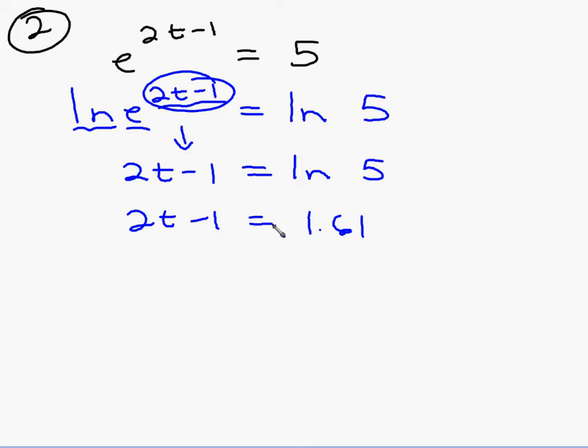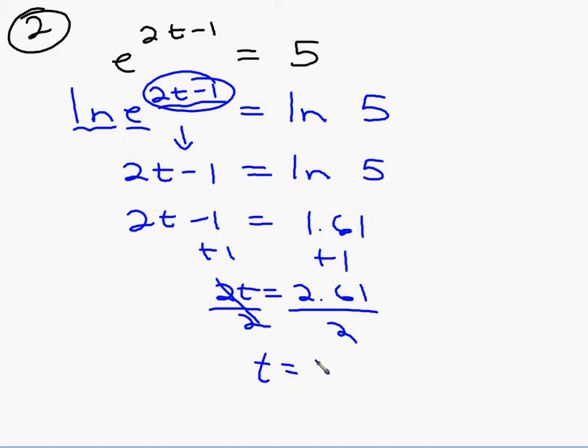So I would add 1, 2t equals 2.61, divide both sides by 2, and you get 1.305 approximately. So that's one method you have on those last two problems.